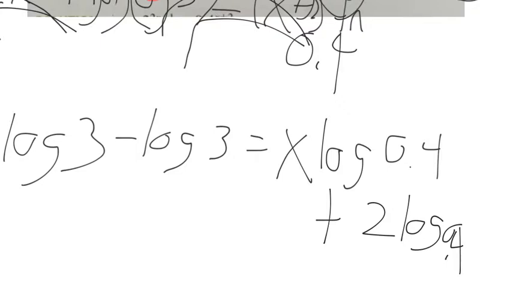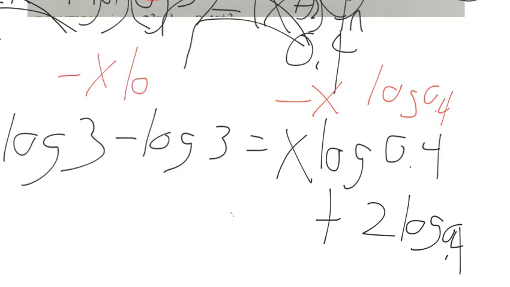So now what we need to do is get the x terms on the same side. Since that's positive x times log of 0.4, we can subtract that. So do minus x times log of 0.4 on both sides. And then also get the non-x terms to the right, so add log of 3 to both sides.